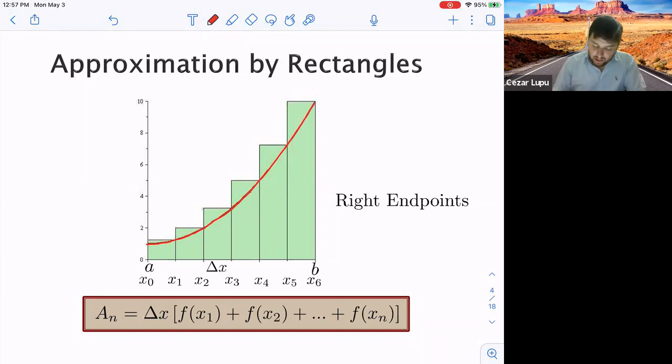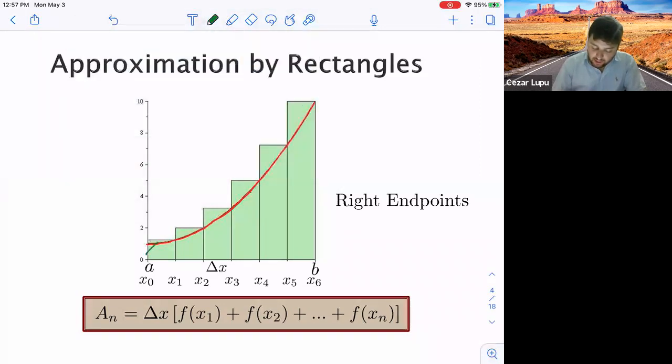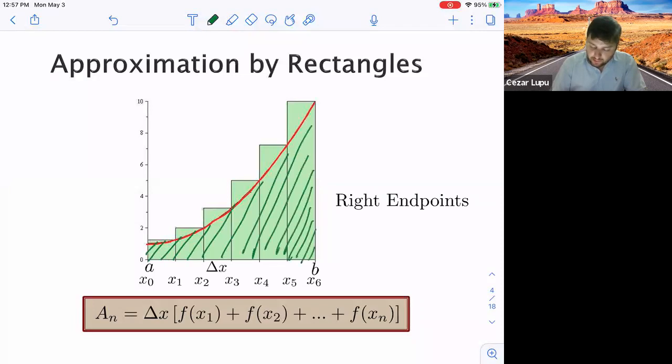So I want this area here, between a and b. That's the area under the graph that I want.